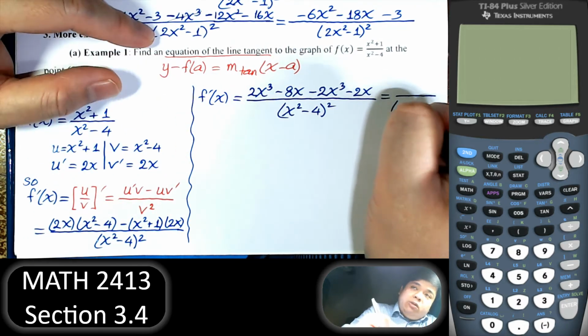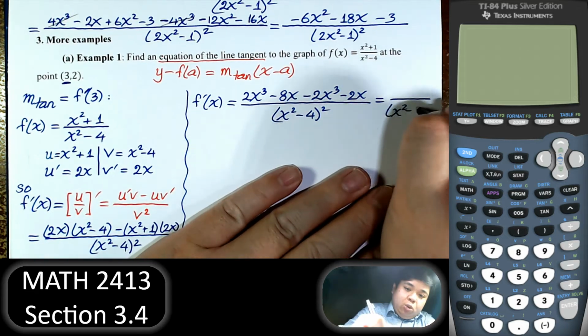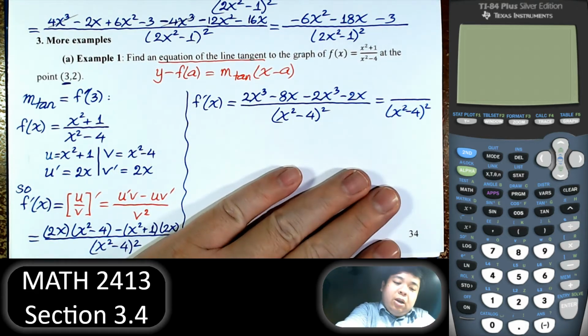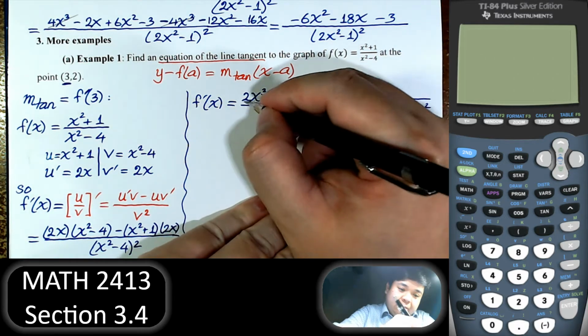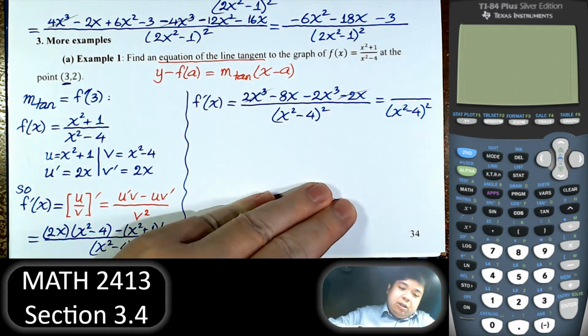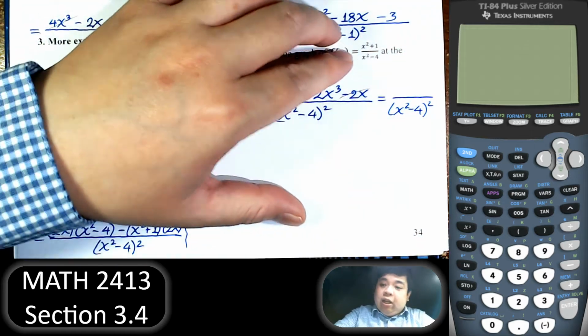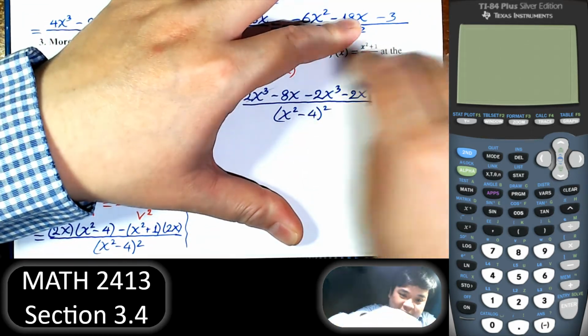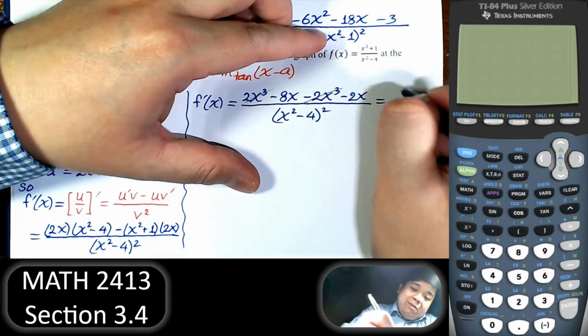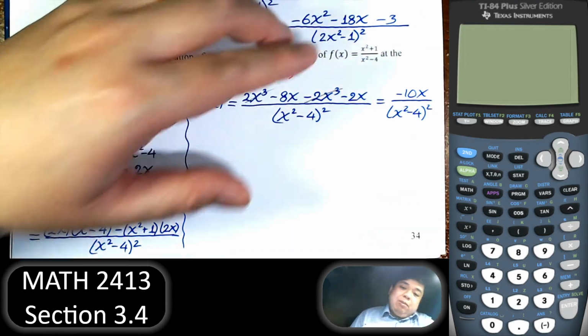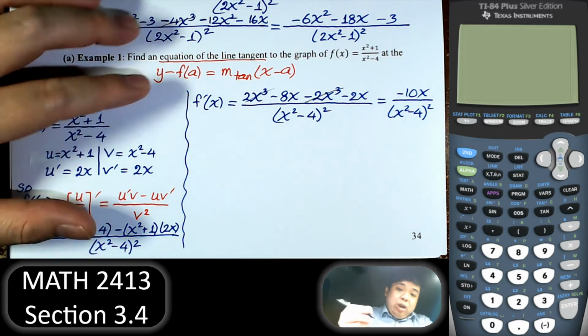X squared minus 4 at the bottom, squared. Right, 2x cubed minus 2x cubed. Good thing I did that in pencil. That gives us negative 10x. Right, now we just need to put 3 into that.